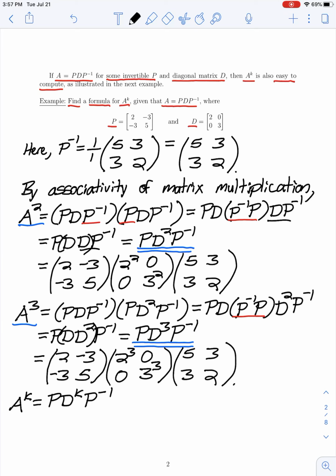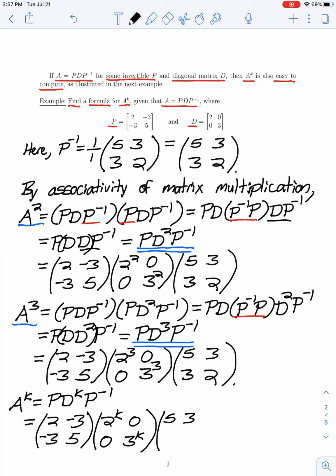Or writing this out explicitly, we have the matrix P, which was 2, -3, -3, 5, times D to the K power, so our entries would be 2 to the K and 3 to the K on the diagonal and zeros elsewhere. And then P inverse, which is 5, 3, 3, 2.